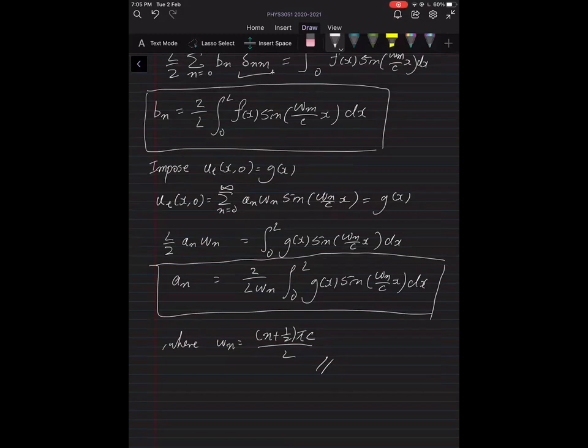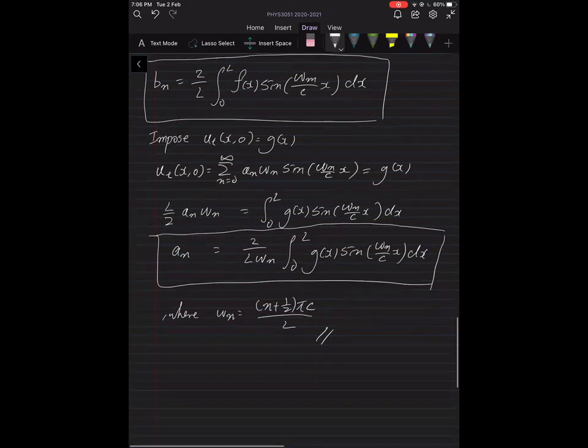Alright, so I just saw a question in the chat: could you please repeat the reason why u_x, the spatial derivative of u, equals 0 for the boundary condition?